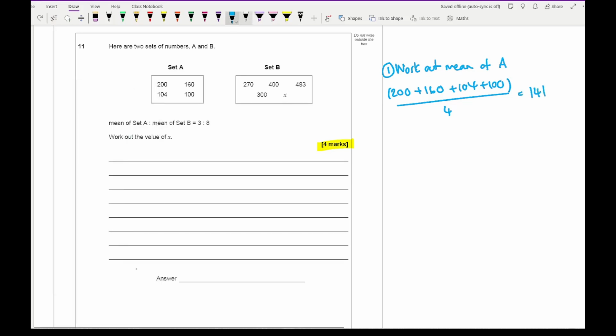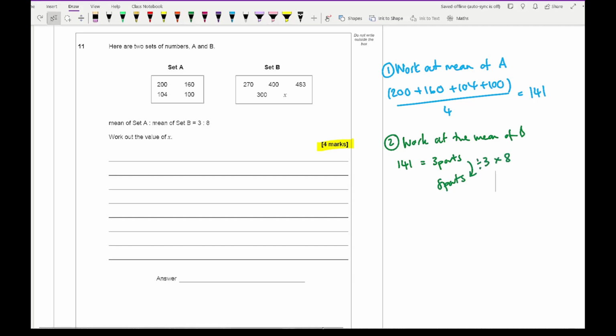Now the next thing we need to do is work out the mean of B. Well, we know that 141 equals 3 parts, so 8 parts is going to be where we divide by 3 and multiply by 8.